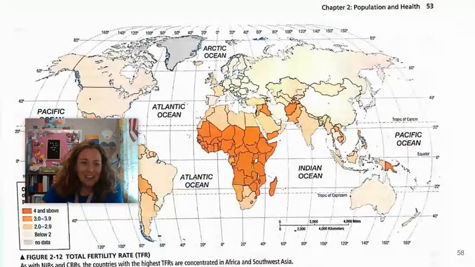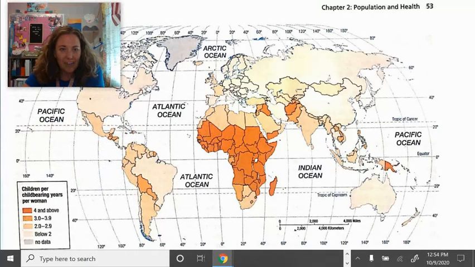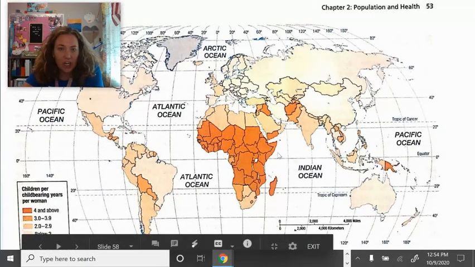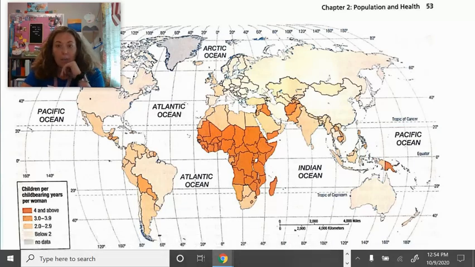All right, so this is a map of the total fertility rate in the world. Again, a nice little choropleth here. So dark orange countries, they have on average 4 or more children during childbearing years, all the way down to below 2, and then the no data countries, okay? So again, you can see the United States, Canada, much of Europe, China, what is that from? One child policy.